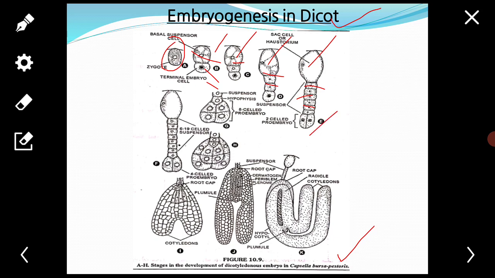That is 2-celled; after that is the 4-celled quadrant stage. Each of the 4 cells of the quadrant stage then divides by transverse division to form the 8-celled octant stage.